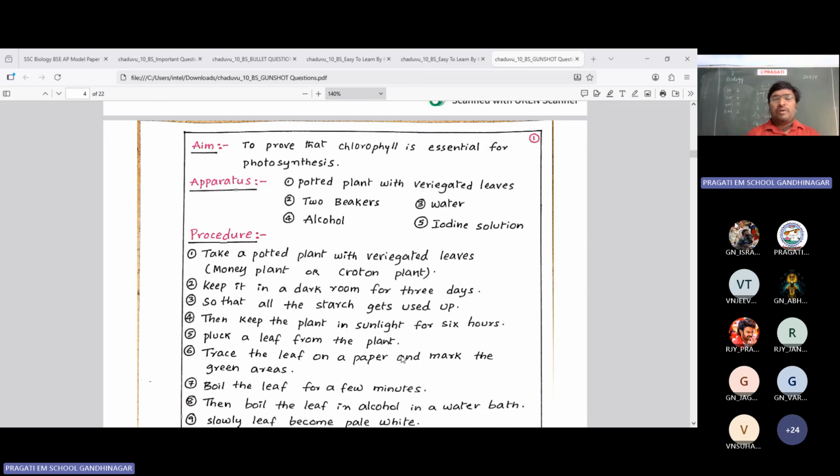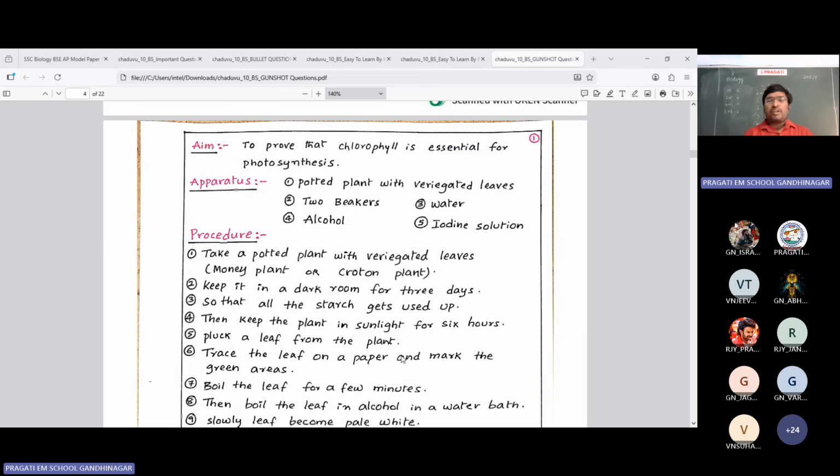Whenever you are writing aim, apparatus, procedure, inference, conclusion, or result, try to keep side headings, with a black pen or blue pen.